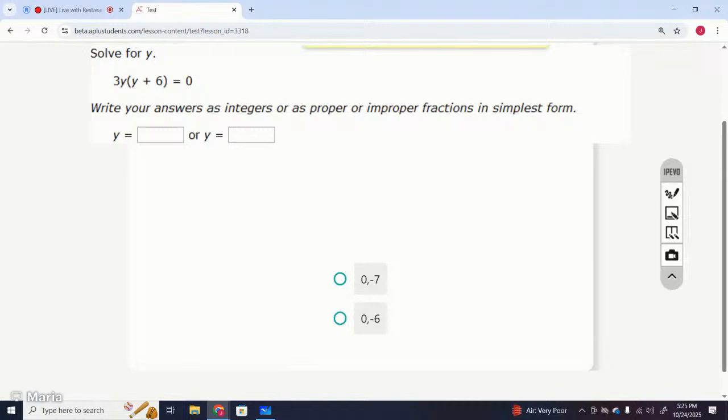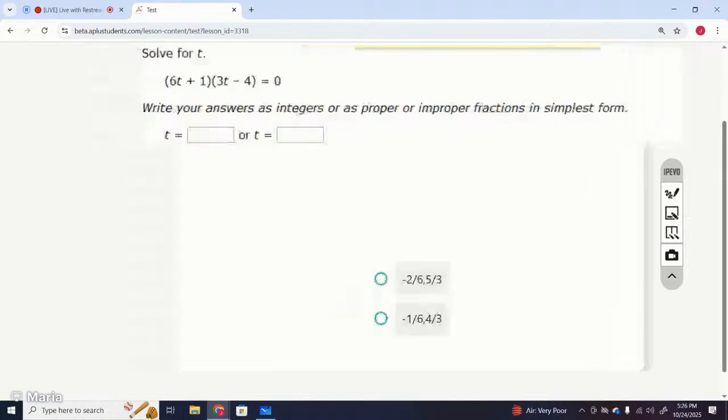Solve for y. So y equals 0 and y equals negative 6.